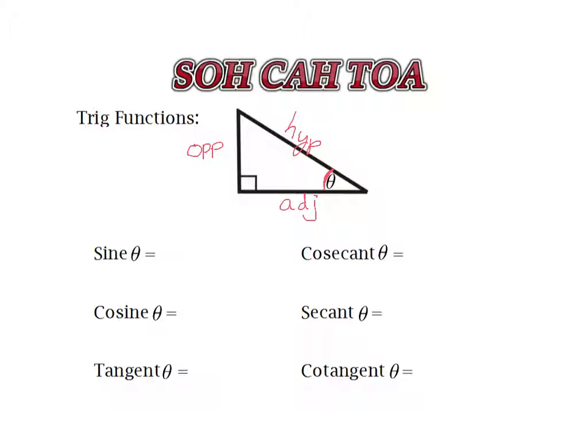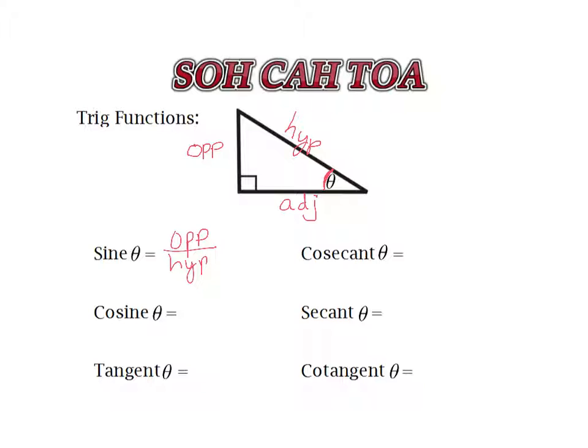Now, looking at this triangle, if I'm going to pick out two sides to match up, let's say I'm going to pick this side here and this side here. The ratio of this side to this side, we're going to give that a name. We're going to call it the sine of that angle. The ratio of the opposite side to the hypotenuse, we've named the sine.